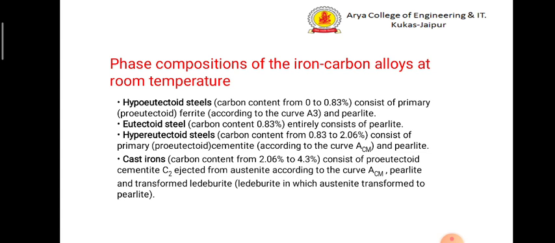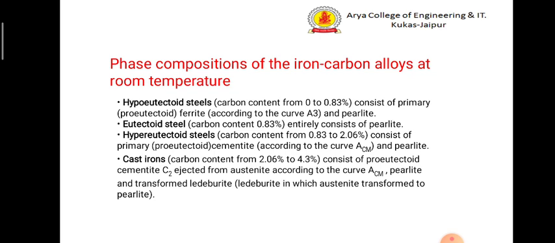Hypoeutectoid steel, carbon content from 0 to 0.83%, consists of primary proeutectoid ferrite according to the curve A3, and pearlite. Eutectoid steel, carbon content 0.83%, entirely consists of pearlite. Hypereutectoid steel, carbon content from 0.83 to 2.06%, consists of primary proeutectoid cementite according to the curve ACM, and pearlite.